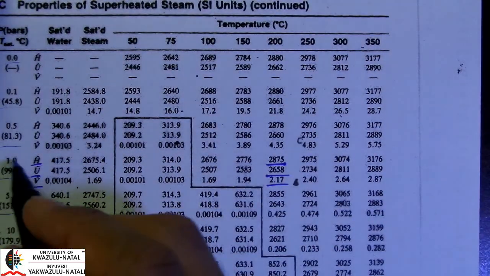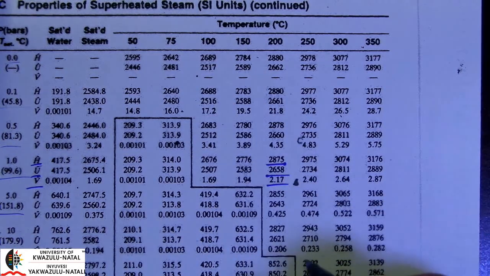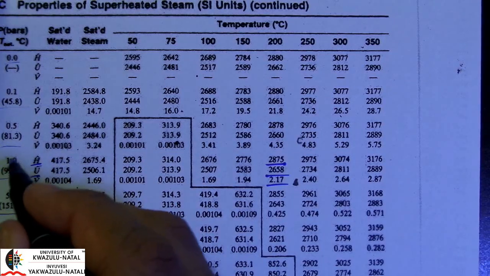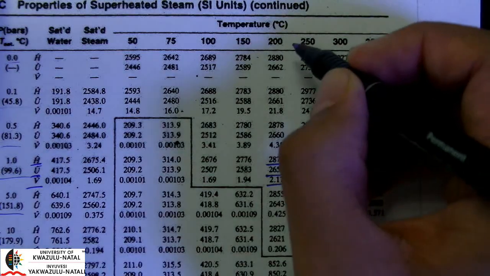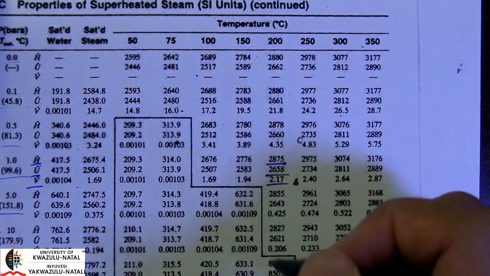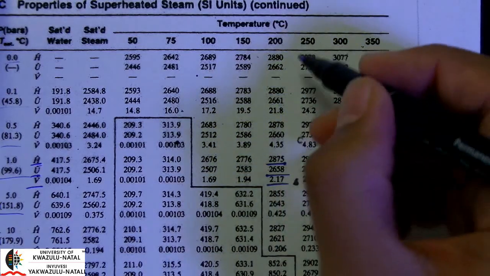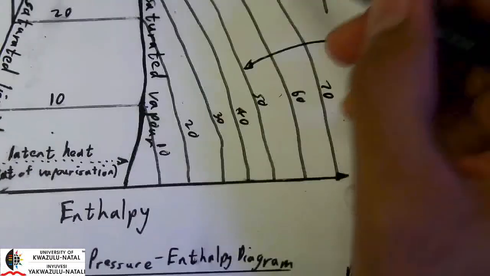Notice that we have this little block barrier here separating. What this tells us is if our pressure is 1 bar and we are operating at 200 degrees and we are outside this block barrier, then we are actually dealing with superheated vapor. So we are dealing with this region here.